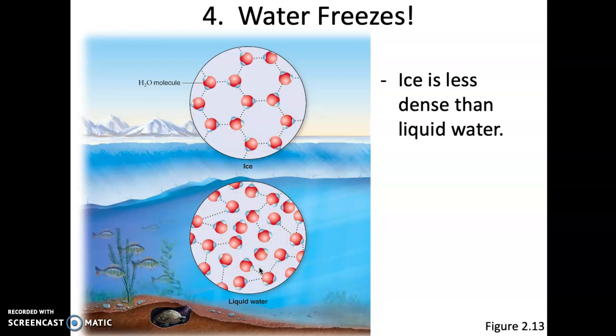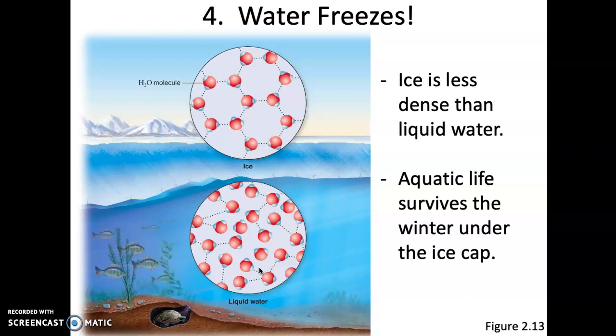So ice is less dense than liquid water, and it's a good thing too, because that way aquatic life can survive winter under the ice cap. So we have things freezing at the top, and we can still continue having a whole ecosystem under the ice.